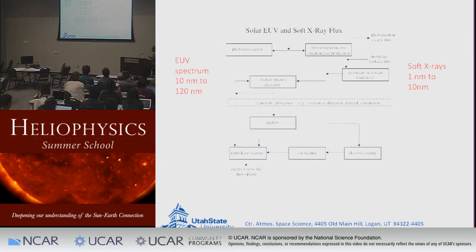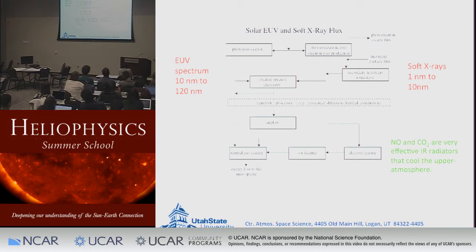Down here, the consequence of all this is basically energy absorption. We get the neutral gas being heated, the ions are heated, and the electron gas is, of course, heated. So the combination of all this goes into the energy equation. And as we said earlier, the energy equation not only changes the temperature, but the reaction rates are changing.